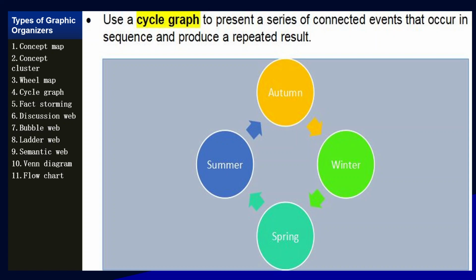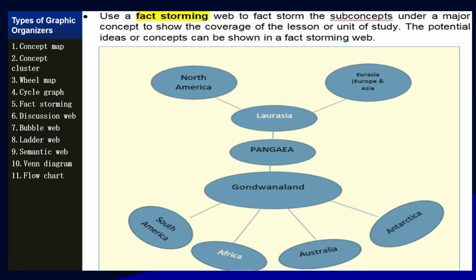Number five is fact storming. Use a fact-storming web to fact-storm the sub-concepts under a major concept, to show the coverage of a lesson or unit of study. For example, this one: Laurasia, Pangaea, Gondwana. So this is probably the tectonic plates lesson.